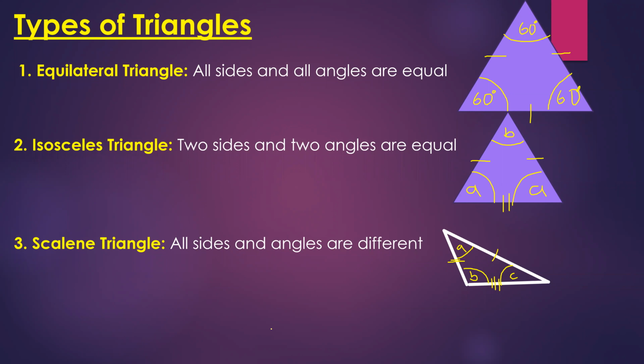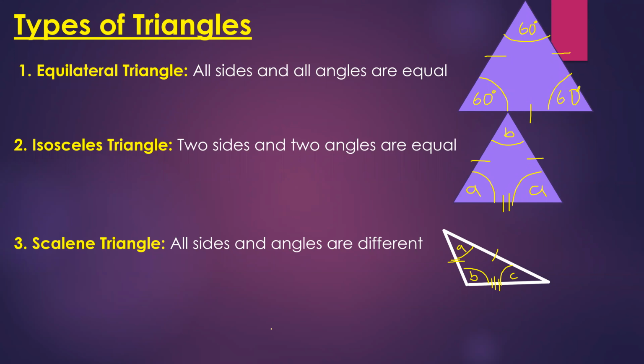Very good, all sides and all angles are equal in measure. Anastasia, how about the isosceles triangle? Two sides and two angles are equal. Very good. Chai, what do we know about a scalene triangle? All sides and angles are different.